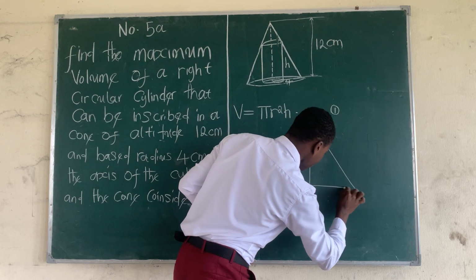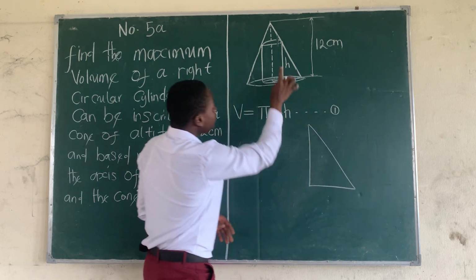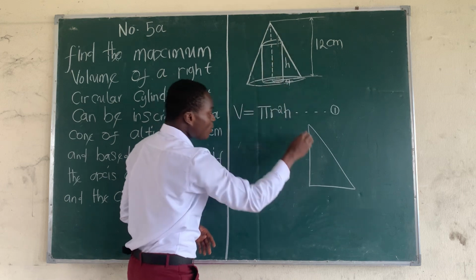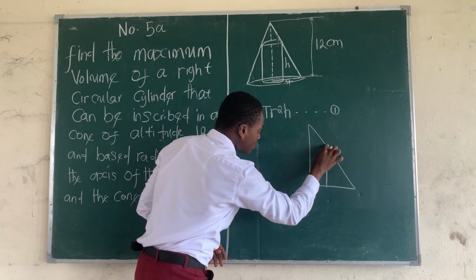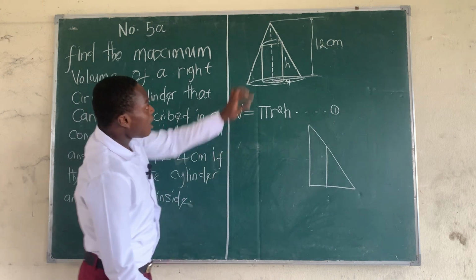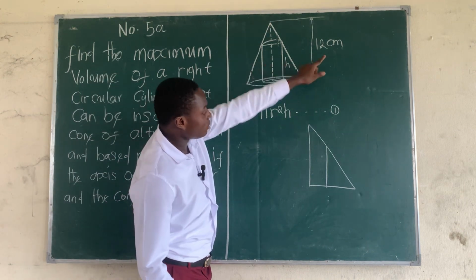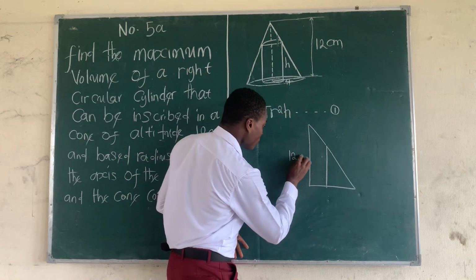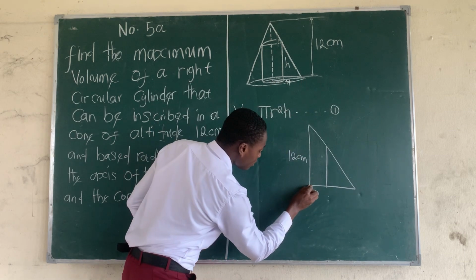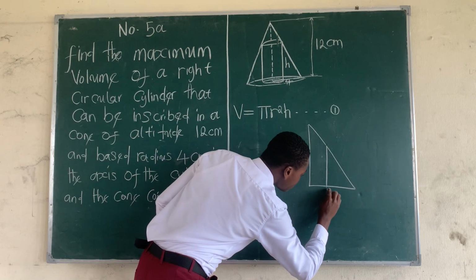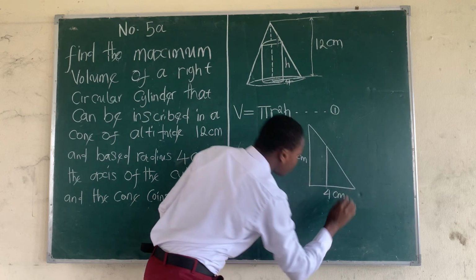We have this bigger triangle, and from here we have another triangle here. So this is what we have. And this part of this triangle is 12 centimeter, and the radius from this part to here is 4 centimeter from the question.